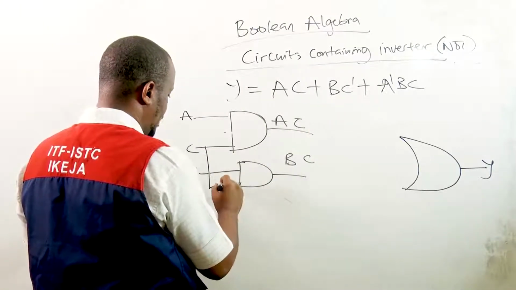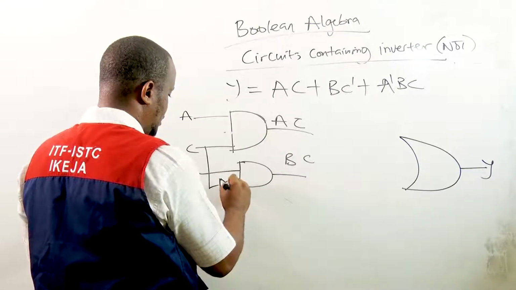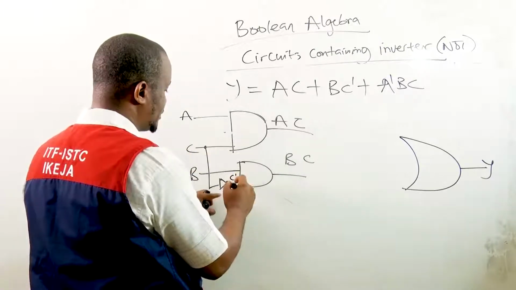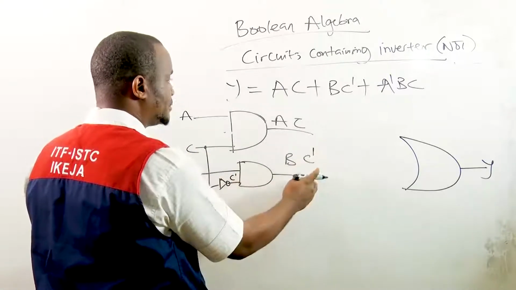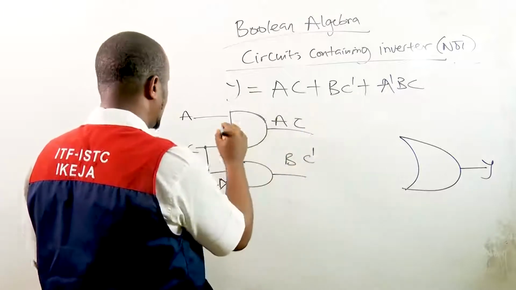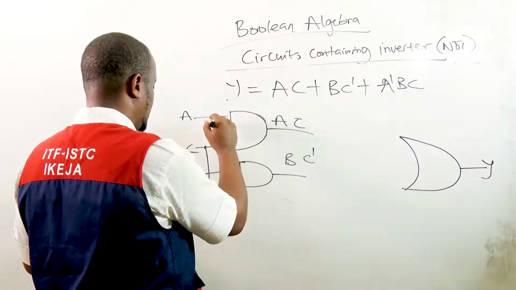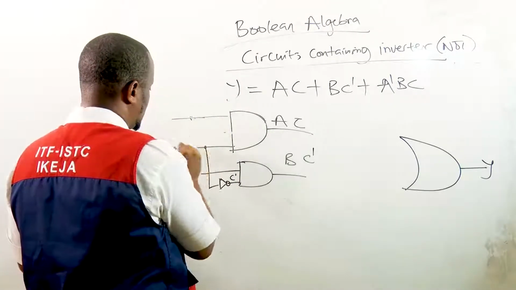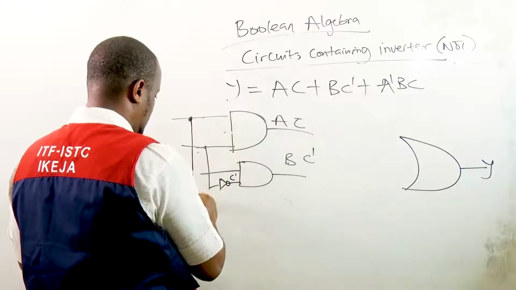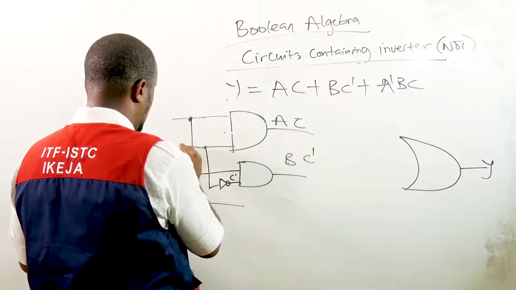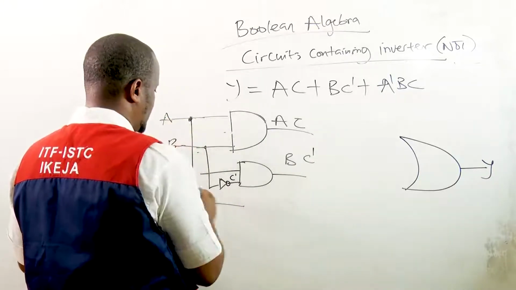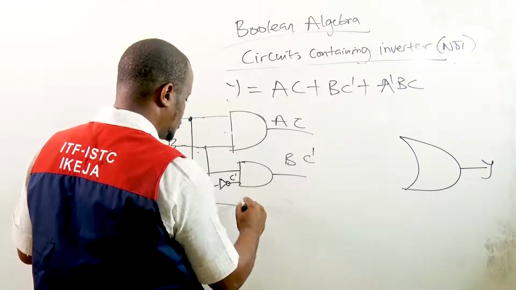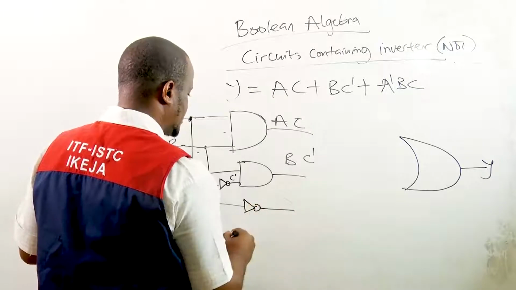Okay, so we have an output. So this C, start from here, goes through here, we have the C prime. And then we have the A prime. So our A can also be tagged from here. A, B, and C. So the A has to go through an inverter.